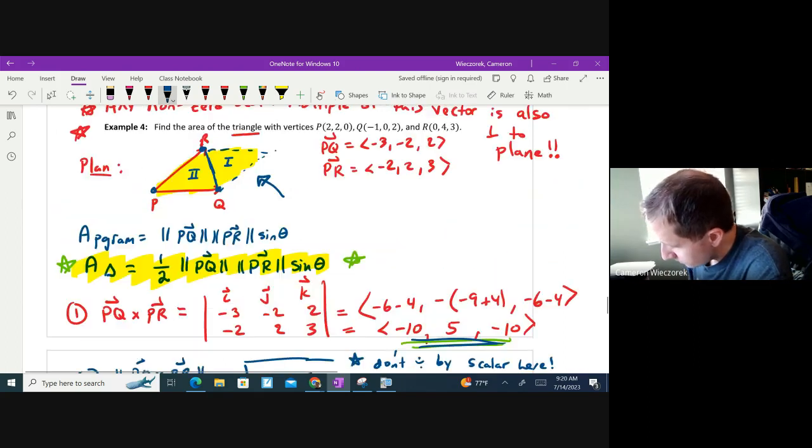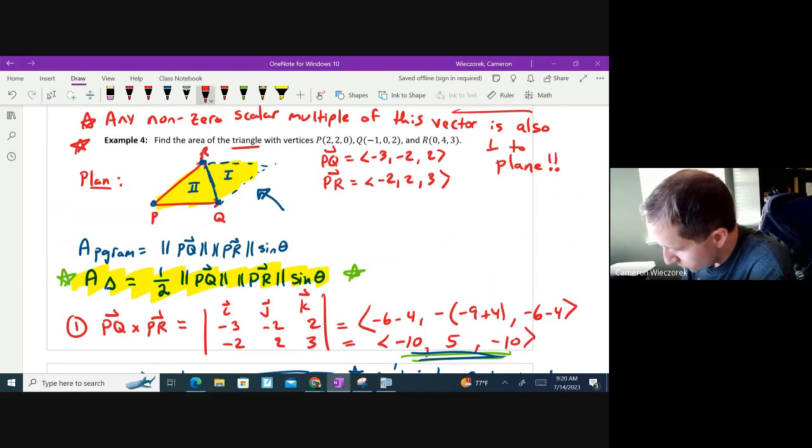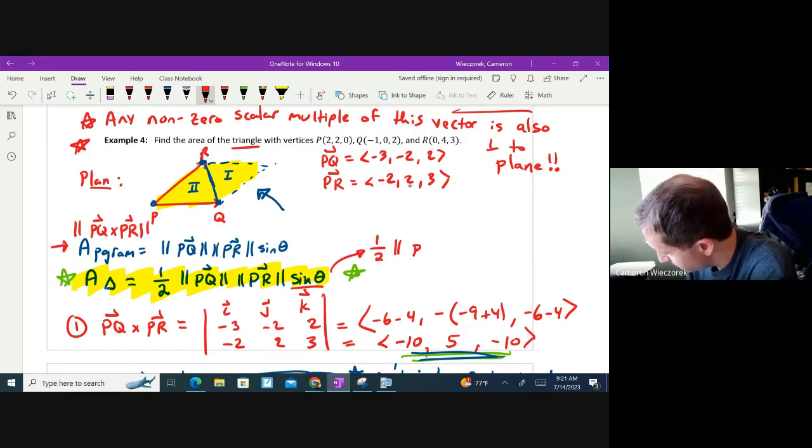Okay. And I realized up here, this was our strategy, but we never actually found the angle between the two vectors. So the other way of really what we did is we remember the area of the parallelogram is just the magnitude of the cross product, PQ cross PR. So we're just doing half the magnitude of that cross product. We don't have access to that angle. We could use the law of cosines if we wanted to find it.